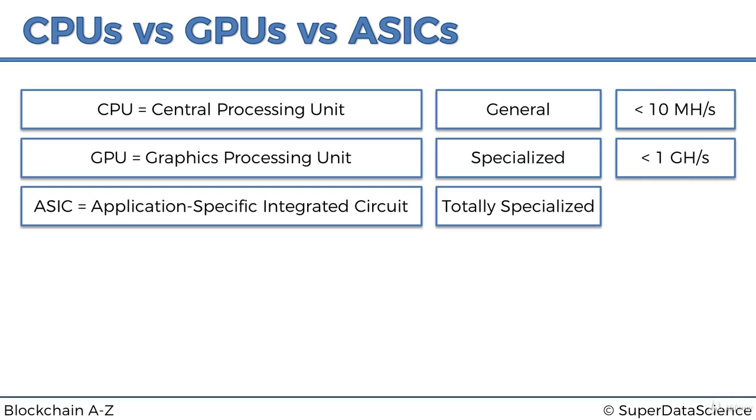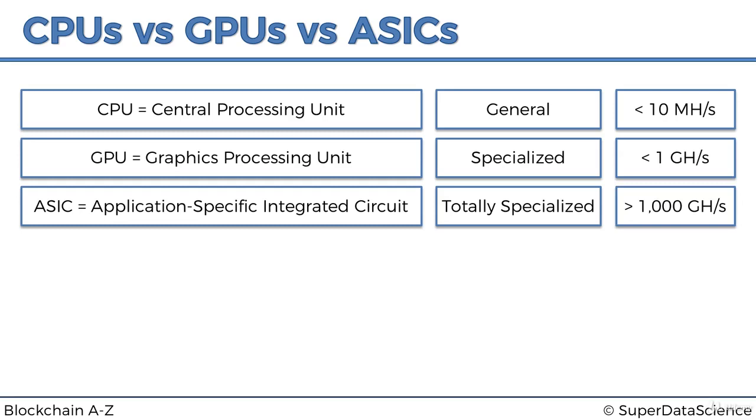As electricity runs through the device, just because of its architecture, the calculation is performed on a physical level rather than on a logical level. And therefore, ASICs can achieve incredible speeds, over 1,000 gigahashes per second, so over 1 trillion hashes per second.